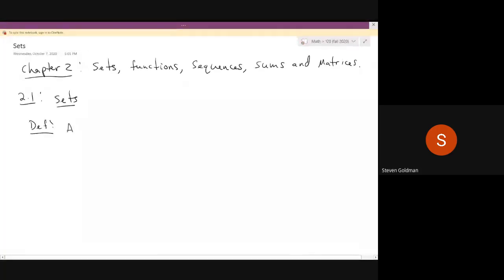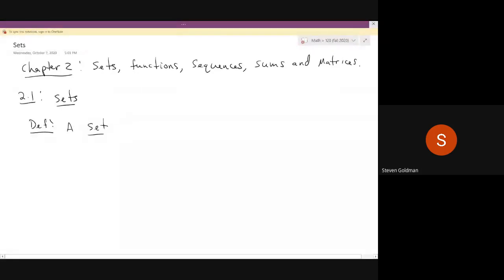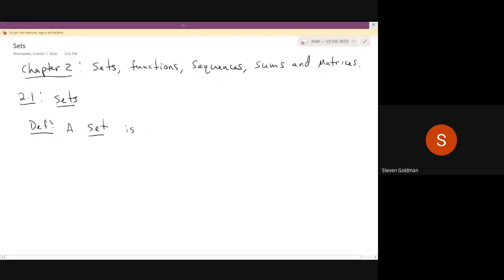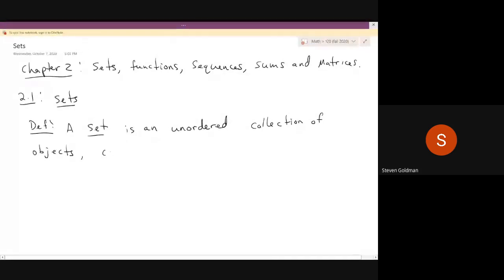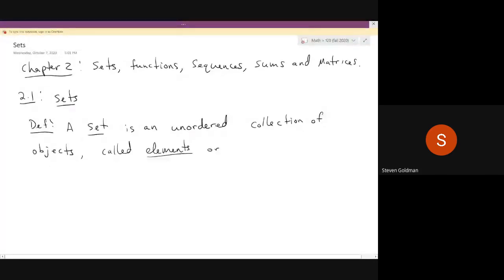Definition: a set is an unordered collection of objects called elements or members of the set. A set is said to contain its elements.